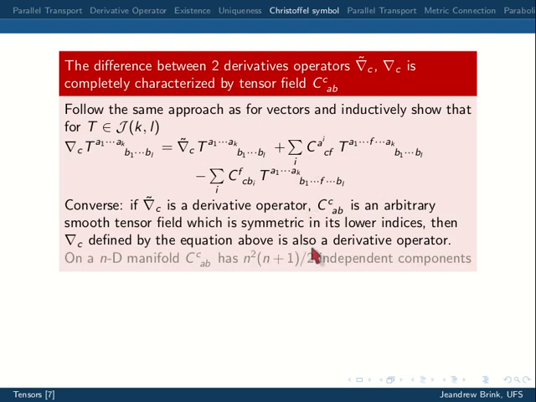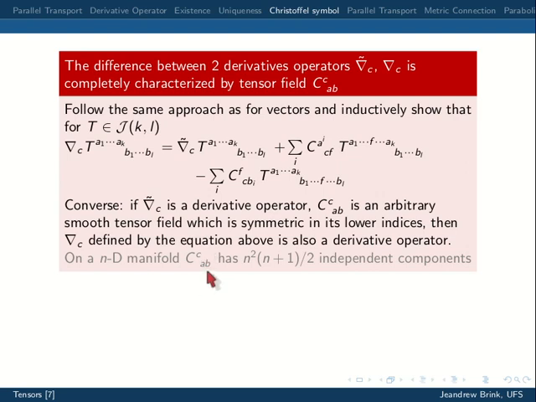Okay, just another thing which is very useful when you start working these things out is to know how much work you've got to do. In an n-dimensional manifold, the number of components that this thing has, if we didn't know it was symmetric, would be n cubed.